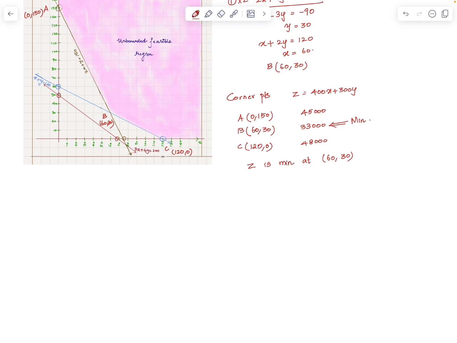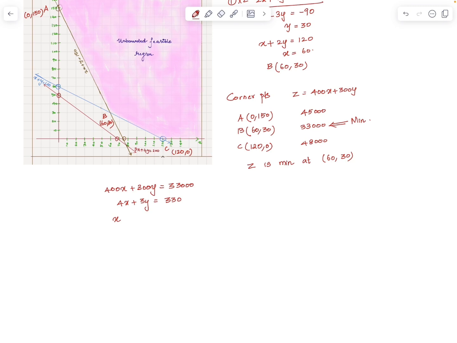For that, let's take the objective, which is 400X plus 300Y is equal to 33,000. Reducing this, we get 4X plus 3Y equal to 330.